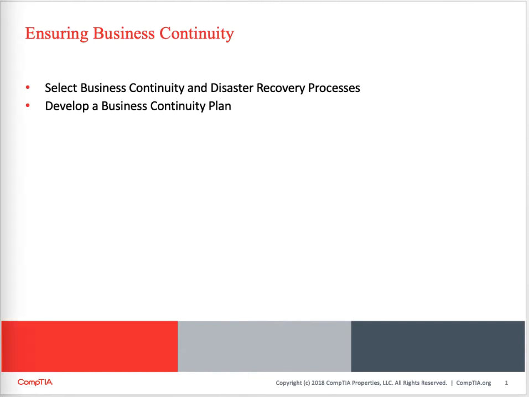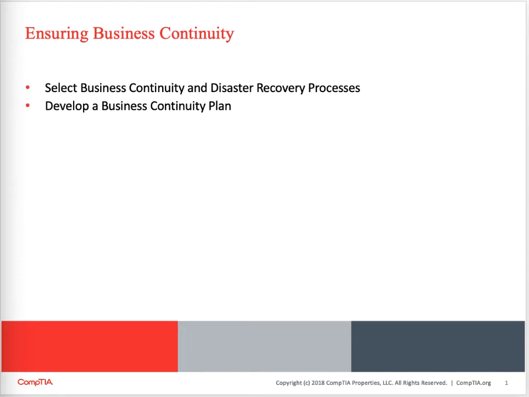All right, Chapter 11. This is going to be ensuring business continuity. So far, we have pretty much dealt with detecting and preventing security risks from affecting our systems or networks. But there are cases where the risk that occurs causes a disruption that threatens the organization's very existence, right?